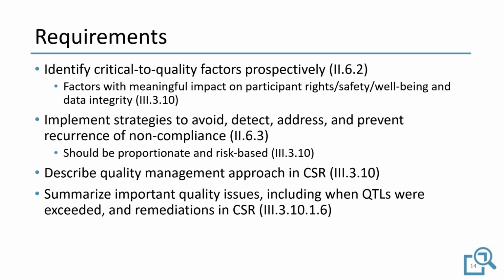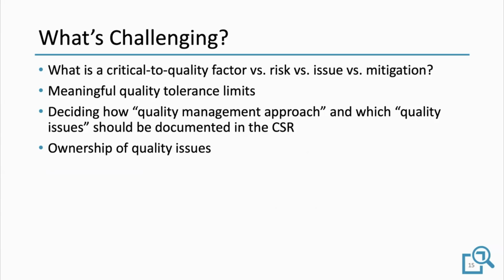And also here you see the last point around summarizing important quality issues, including when the quality tolerance limits were exceeded, and also the remediations. All of this information needs to go into the CSR. So there's a lot to think about here. Back to you, Denise. Thanks, Preeya.